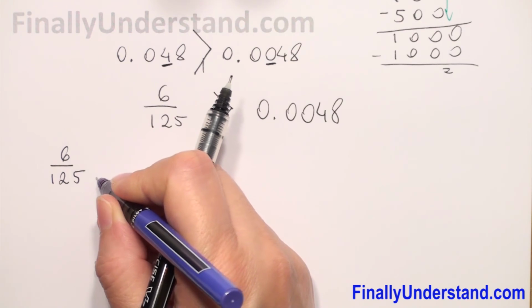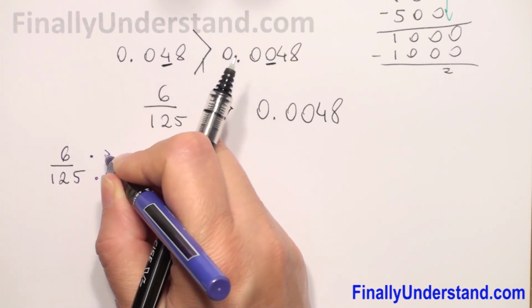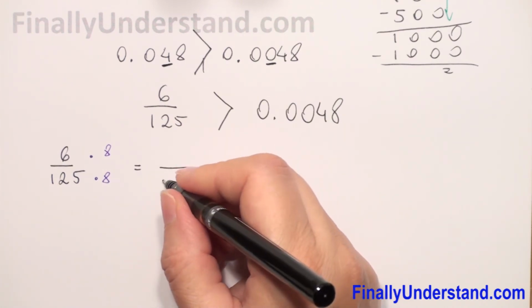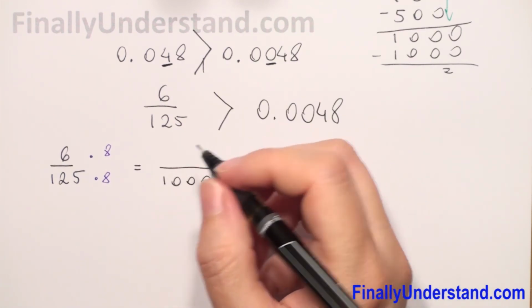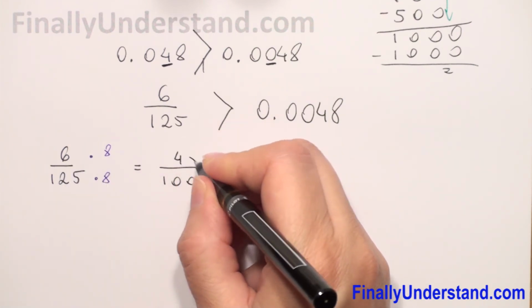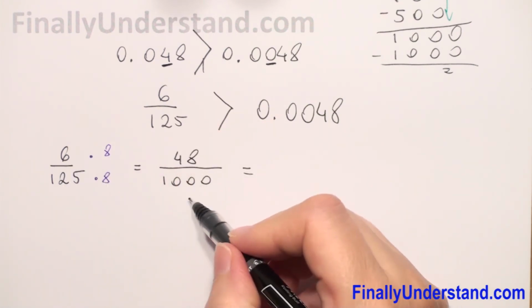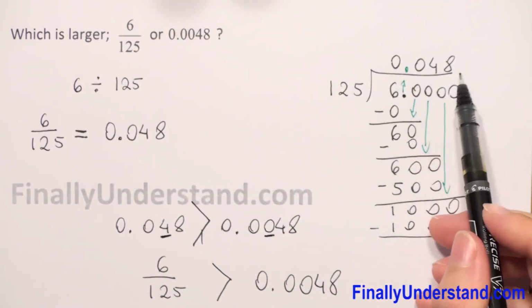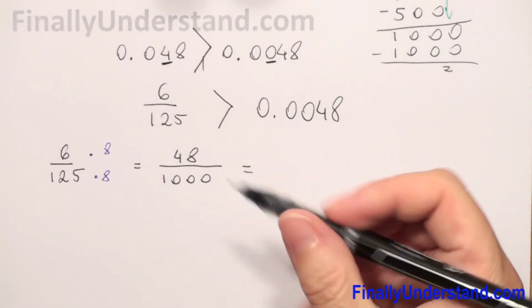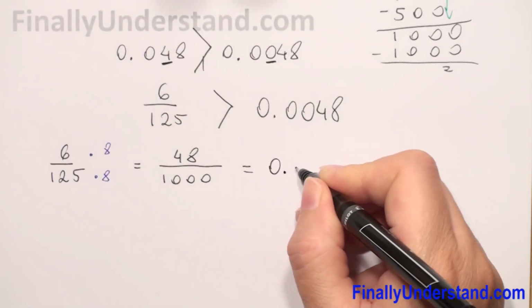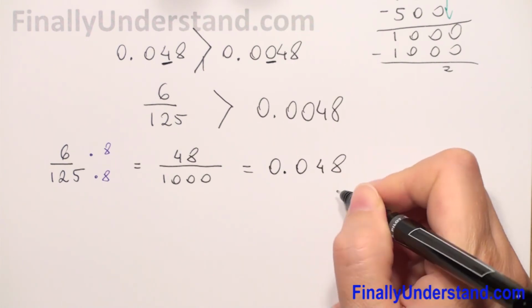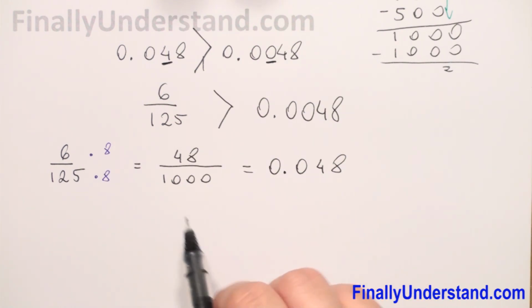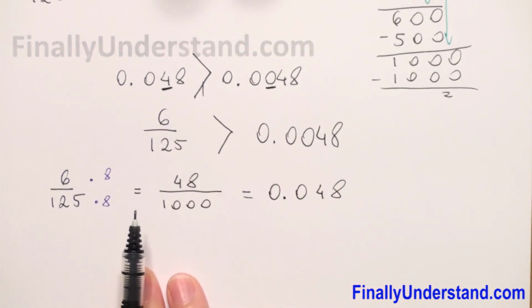In this example, we multiply by 8, because when I multiply by 8 in the denominator, I will get 1000, and 6 times 8 is 48. So we have 48 over 1000, exactly the same as what we got from long division. So you can write that this is 0.048.